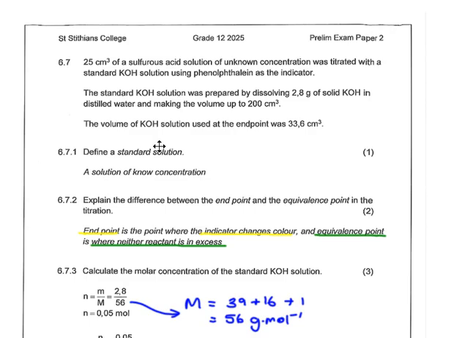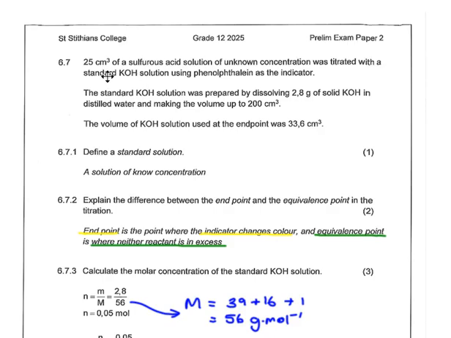Then, in the titration, 25 centimeters cubed of sulfurous acid, that's got the unknown concentration, so we're going to use the whole titration to find the unknown concentration of the sulfurous acid, was titrated with the standard KOH solution.